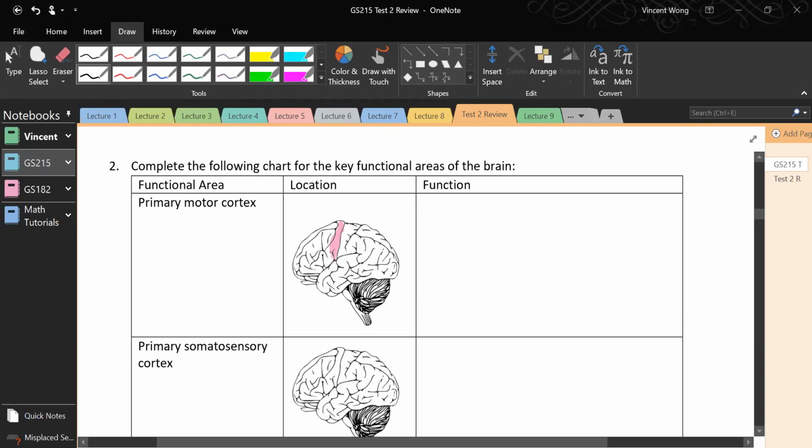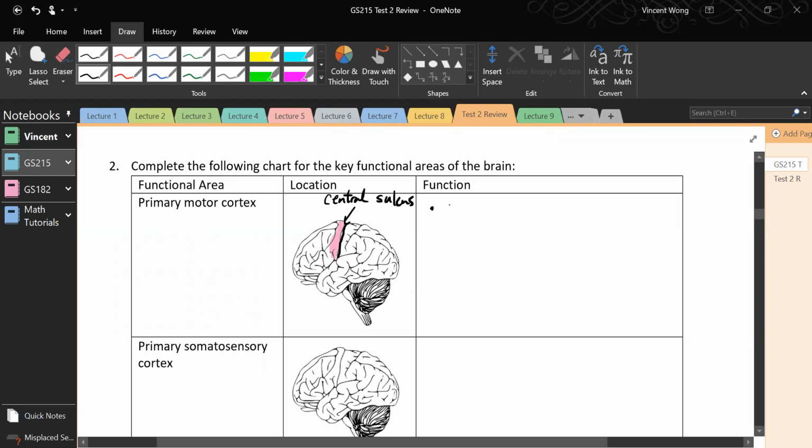This line right here, that is the central sulcus. Sulcus means a groove. Okay, central sulcus. And in front of the central sulcus, you have your pre-central gyrus. Gyrus is a bump. So on that gyrus, you will find the primary motor cortex.